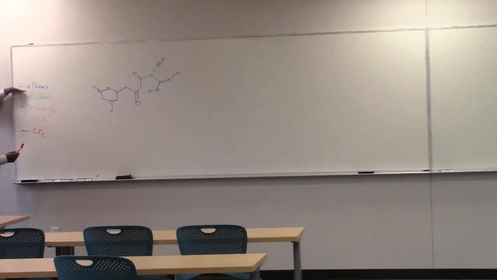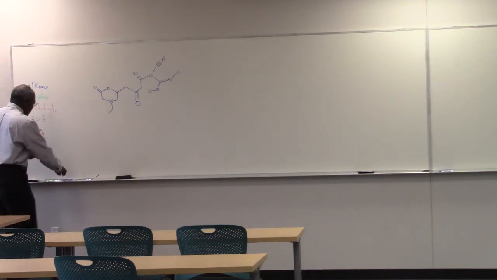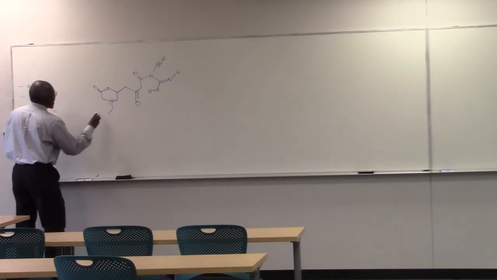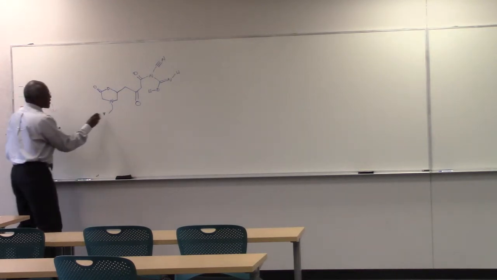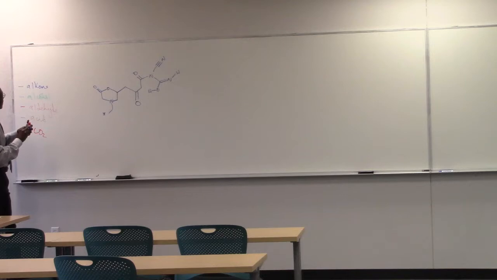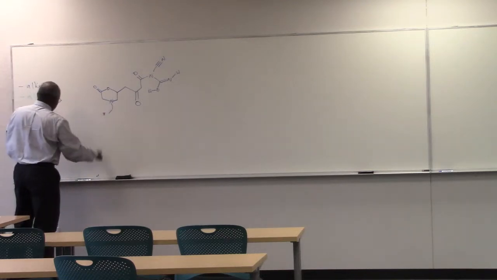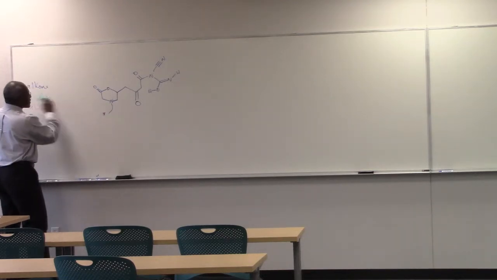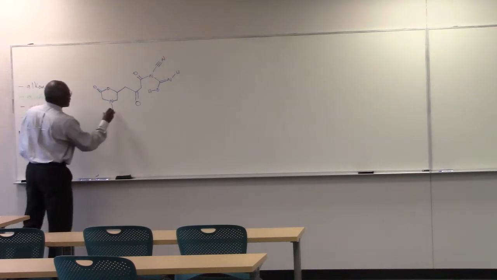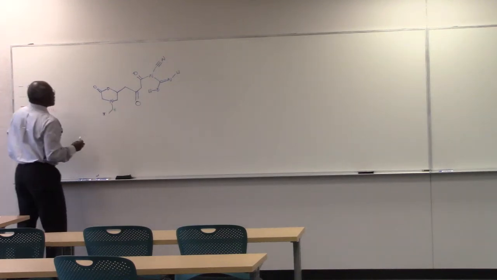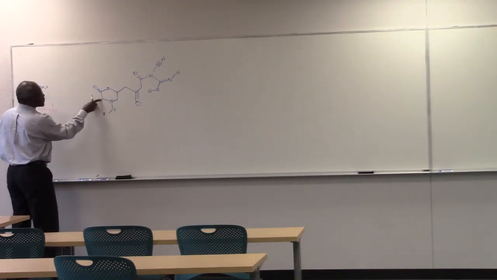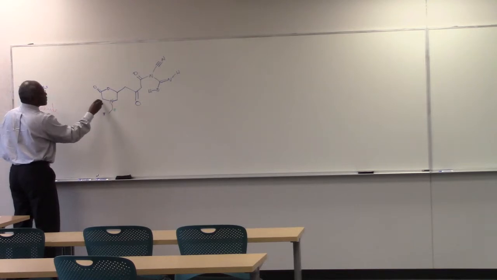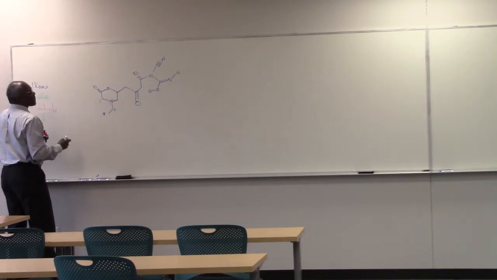So again, alkane level is 0 bonds to heteroatoms. So this carbon is at the alkane level because it has no bonds to a heteroatom. This carbon has 1 bond to a heteroatom, so it's at the alcohol level. This carbon has 1 bond to a heteroatom, it's also at the alcohol level.